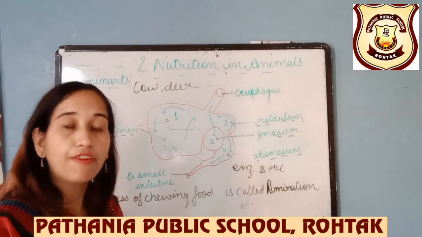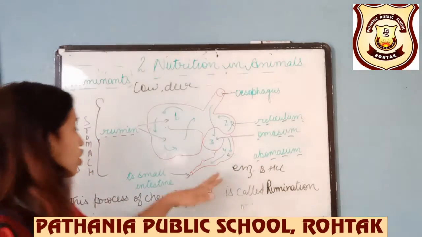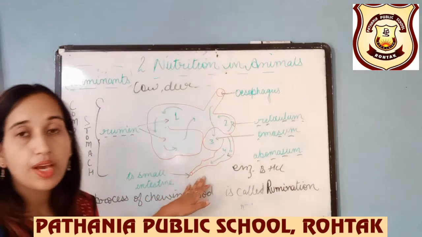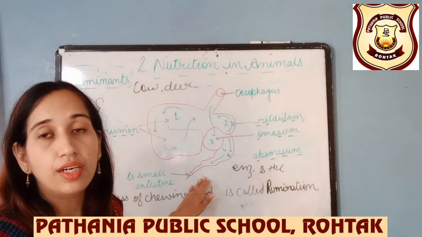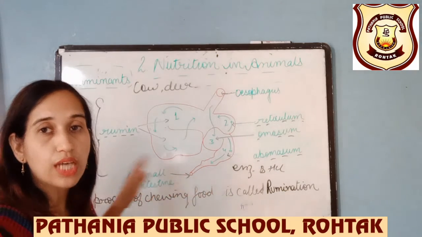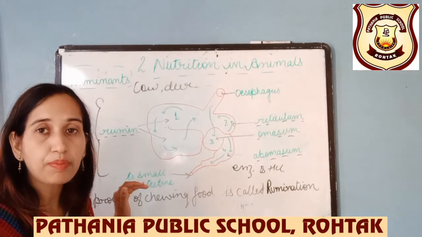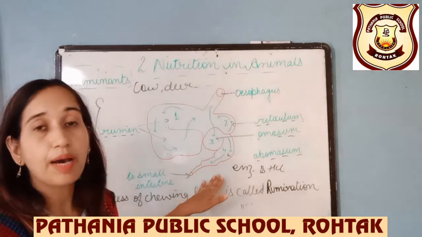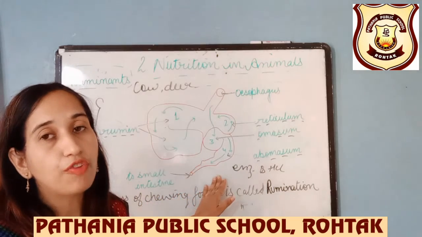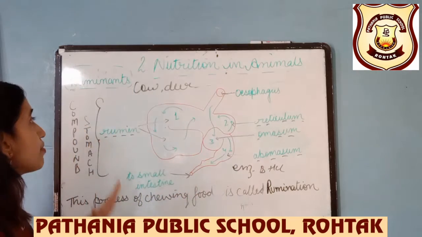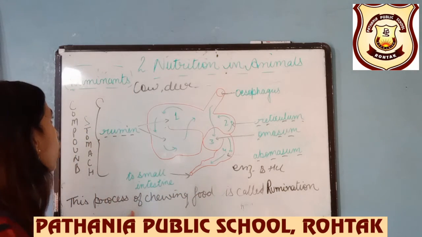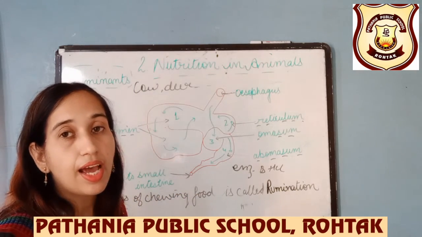After complete digestion, it enters the small intestine, the waste is excreted and exits from the body, and absorption takes place for energy, assimilation and further processes. These are the steps we follow in the ruminants.